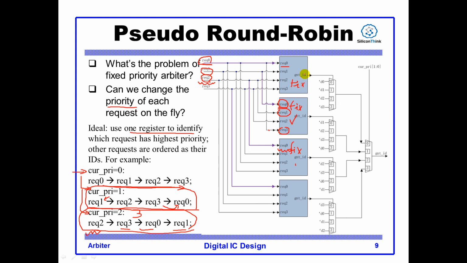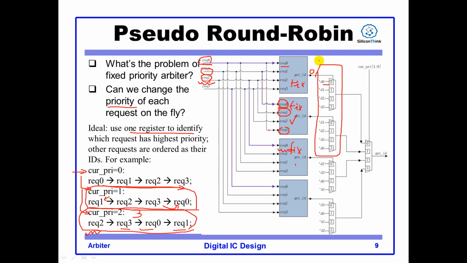So we put 4 fixed priority arbiters here to do arbitration for the 4 different priority settings. Then each block will generate its output. We use these marks to trace back the ID of the actual request. For example, if this gives 0, the actual request is 0.